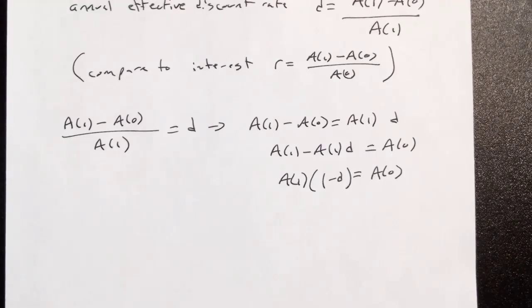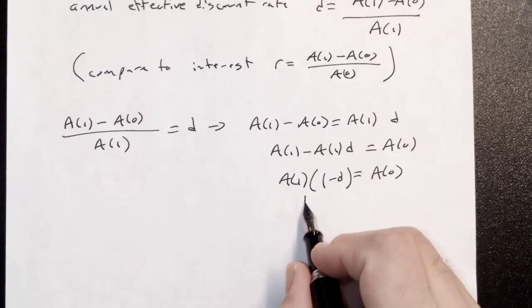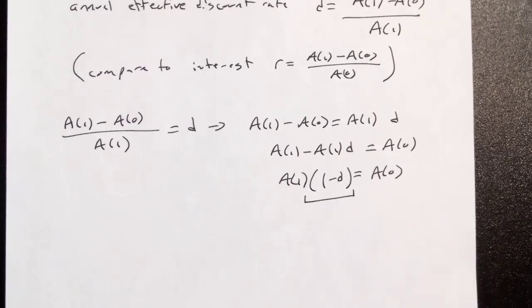So this 1 minus D thing here is acting like our present value behavior. So let me think about it. Present value for interest rates. What did we call the present value factor for the interest rate calculation?